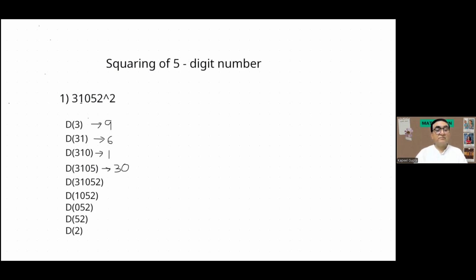Now coming to the 5-digit, I just taught you in this video only. So 3 twos are 6, and then I'll be multiplying by 2, 12. 1 into 5 is 5, twice is 10, so it becomes 22, and 0 square is 0, so I get 22.